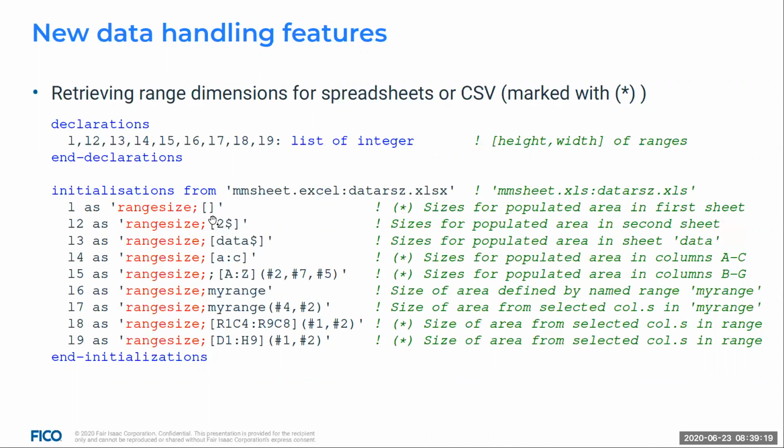So here, empty sheet. So it takes the first spreadsheet, or in CSV, just the one sheet. This is the second sheet that is contained in my spreadsheet. Then it looks for a sheet called data and takes anything in there. My next one is column selection. Whether I use lowercase or uppercase does not matter.